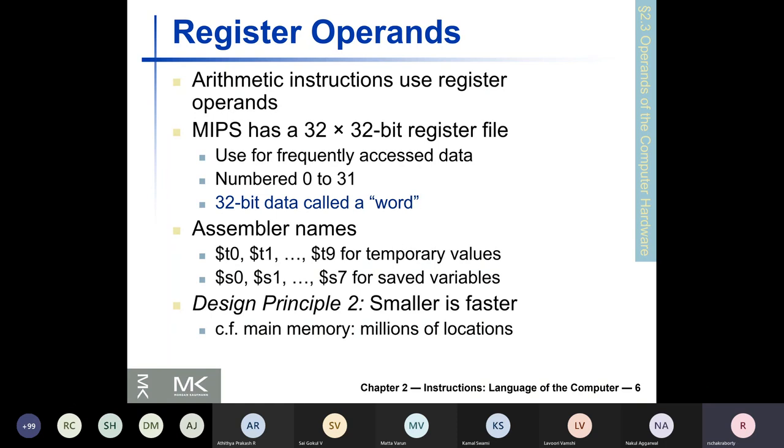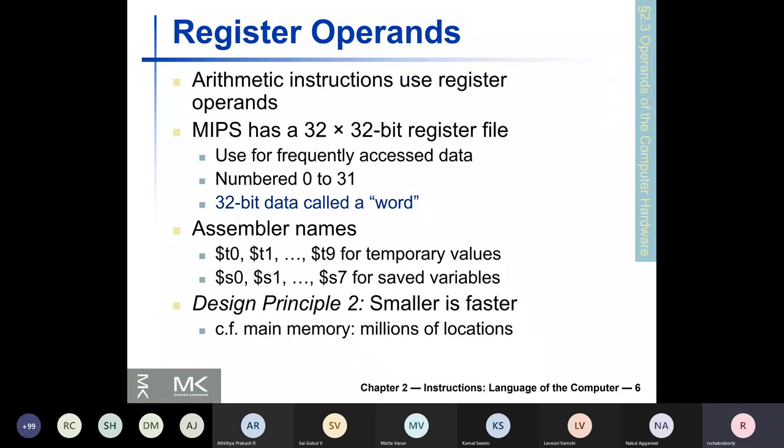These register names always start with a dollar sign, and the simple naming convention is $0, $1, $2 up to $31. However, very few people, actually no person, refer to these registers as $0, $1. Instead, they use a symbolic naming convention that has become popular, which is understood by all MIPS assemblers.